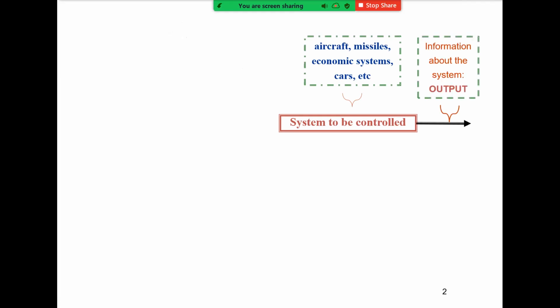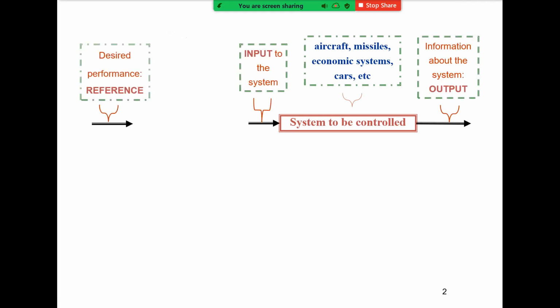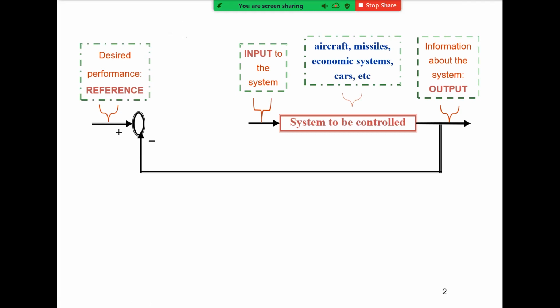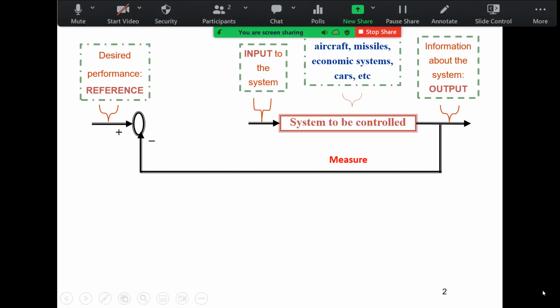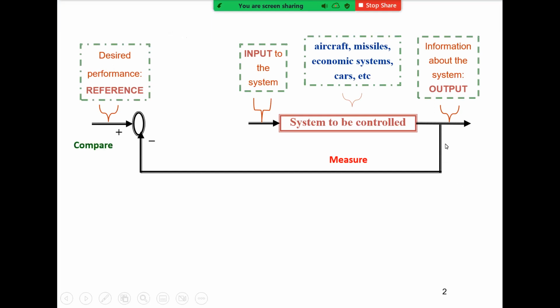Part 2 is about how we design a controller to improve the performance of the system. We have the system we want to control, and we measure its output and compare it with the desired output.